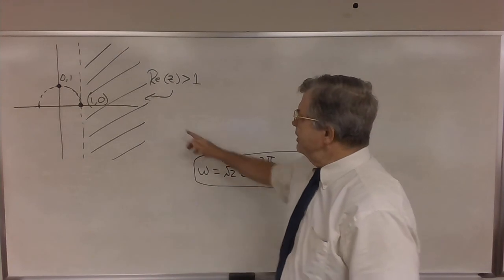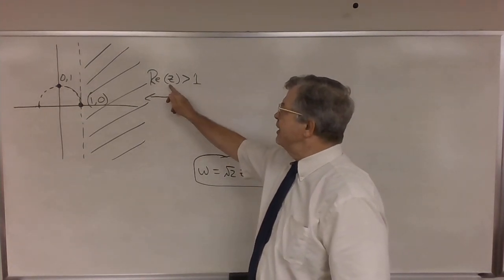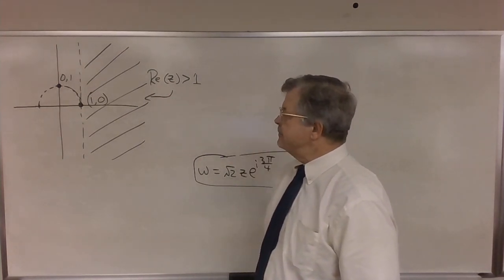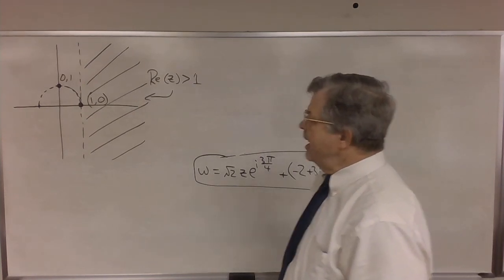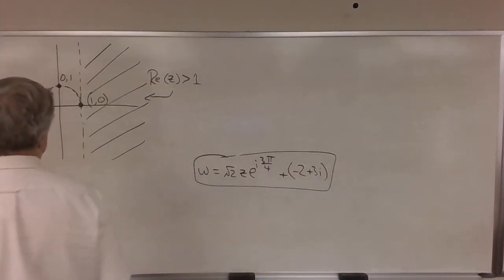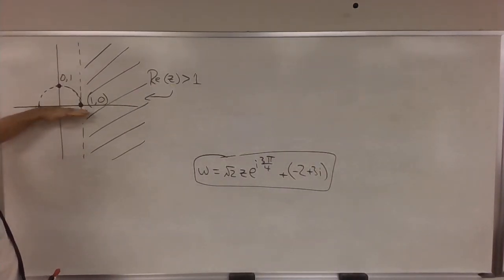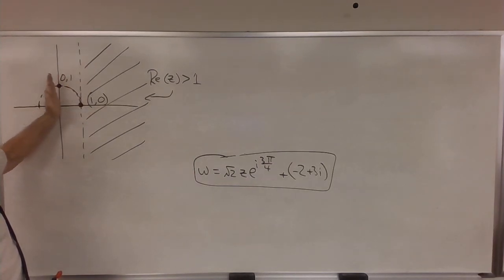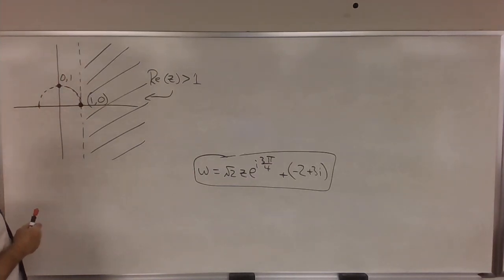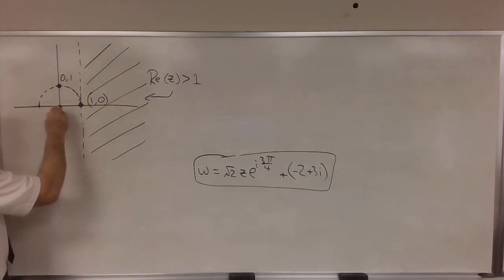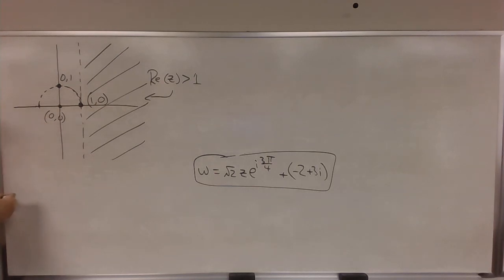Okay, I've drawn the original region, real part of z greater than 1. And I'm going to rotate this whole thing counterclockwise about the origin. So I guess I should label this 0, 0.